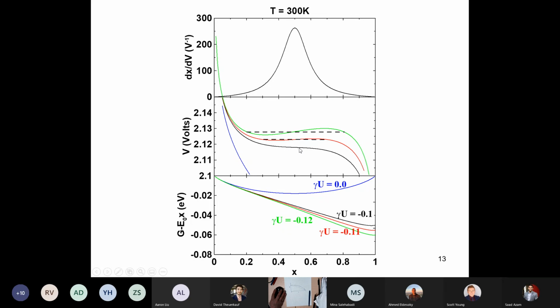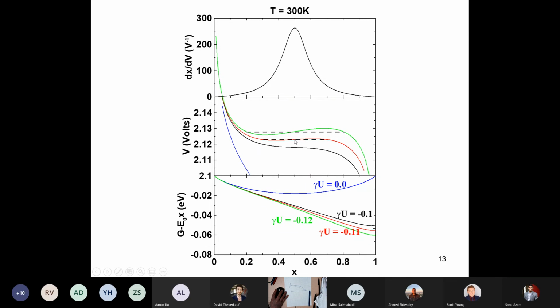And at that point, for values of gamma u that are more negative than that, you will get this phase separation. So what it means is you follow this red curve. All the lithium is randomly distributed on all the sites. You get to here, and then as you move across this black dashed line, the material is made up of one phase with this composition around 0.3 lithium, and another fraction of the material is made up with this phase of about 0.7 lithium.